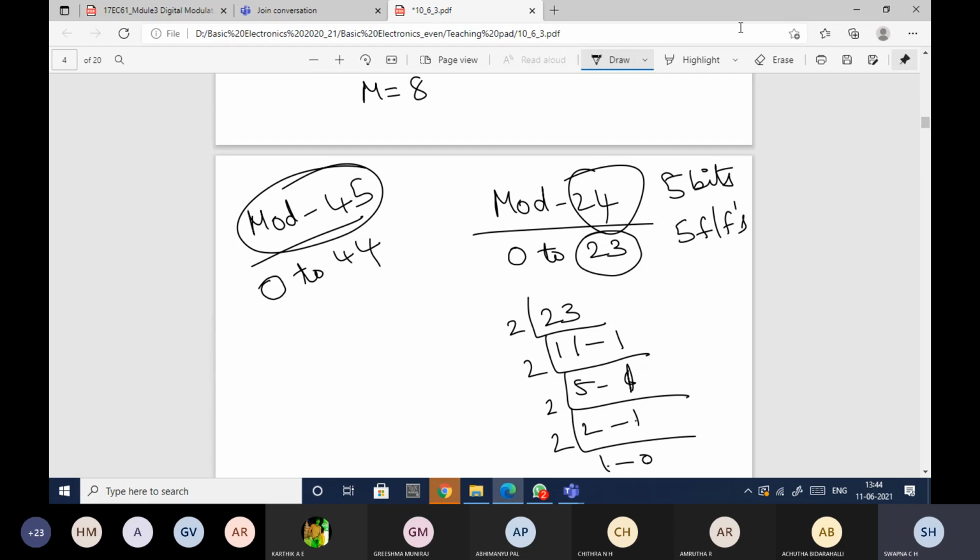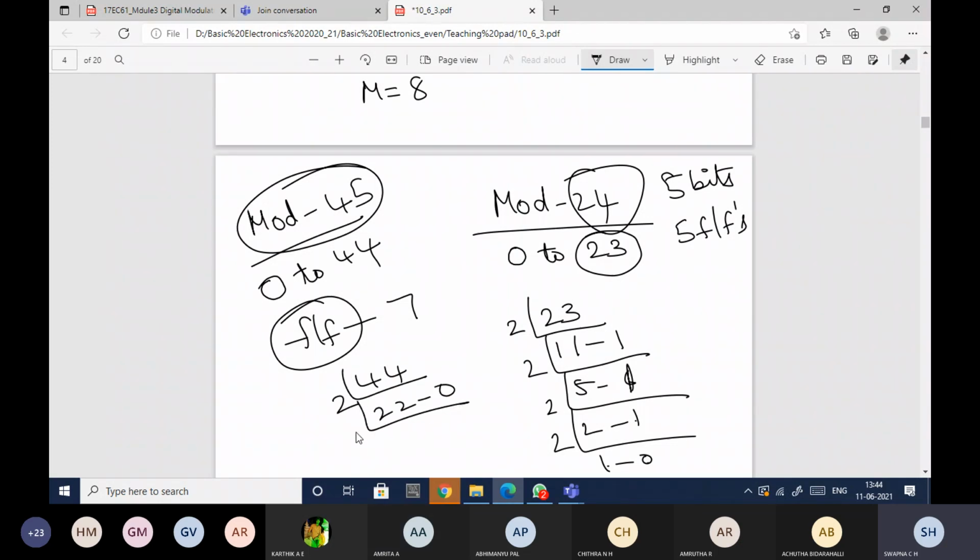Tell me how many flip-flops are required to design this mod 45 counter. How many flip-flops are required? 7, ma'am. Okay, 44 divided by 2, 22.